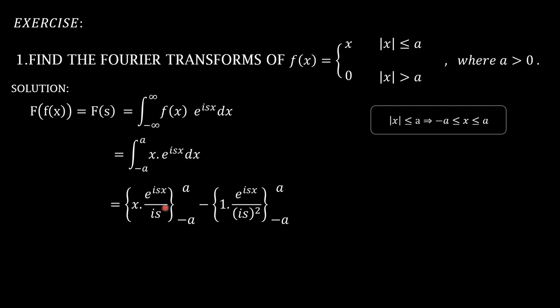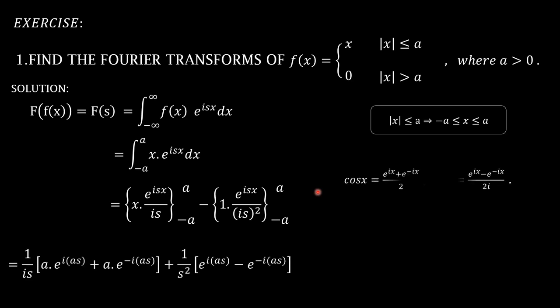It is e to the power isx divided by is, where the limits of x vary from minus a to a, minus differentiation of x. What is the derivative of x, students? It is 1, into integration of e to the power isx by is, that is nothing but e to the power isx divided by is whole square, where the limits of x vary from minus a to a.